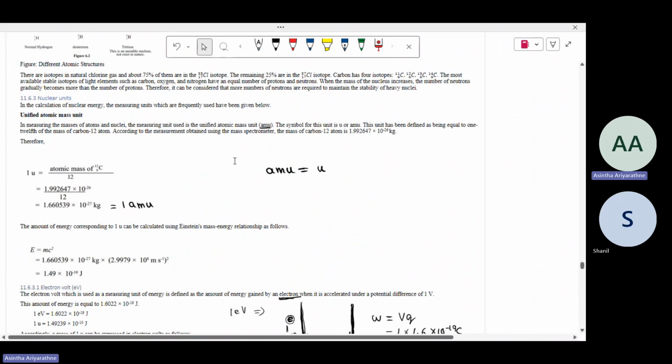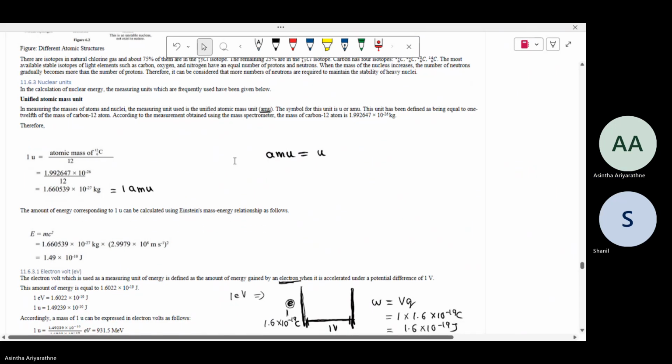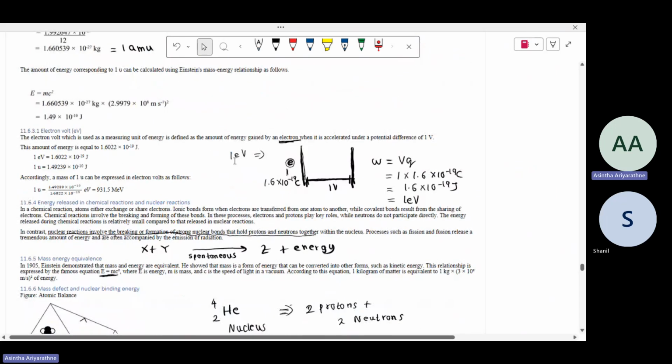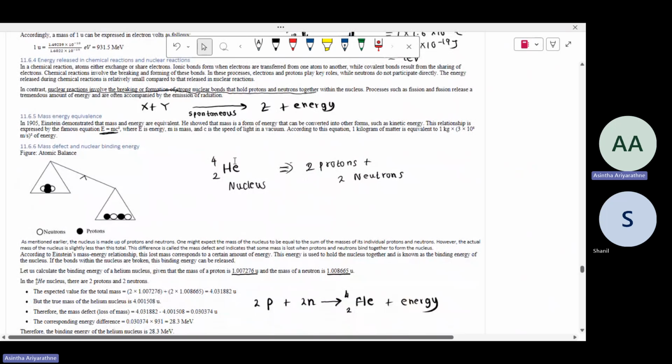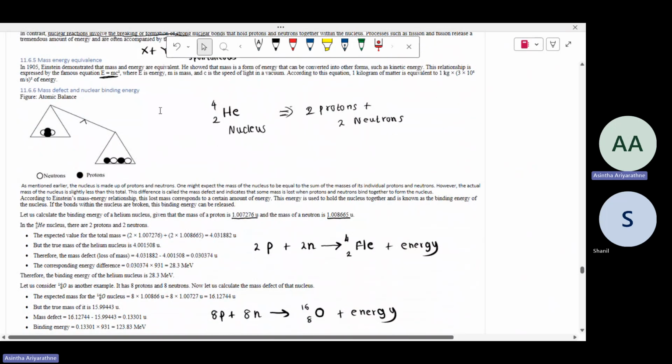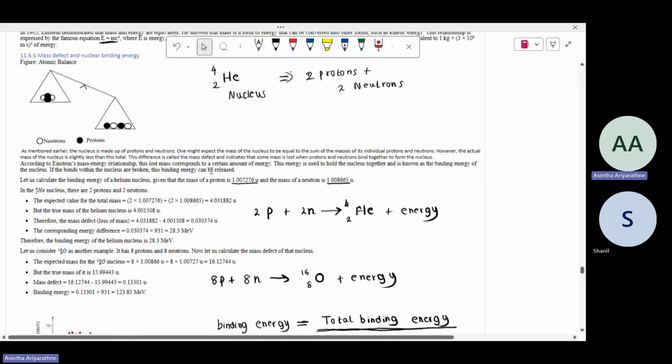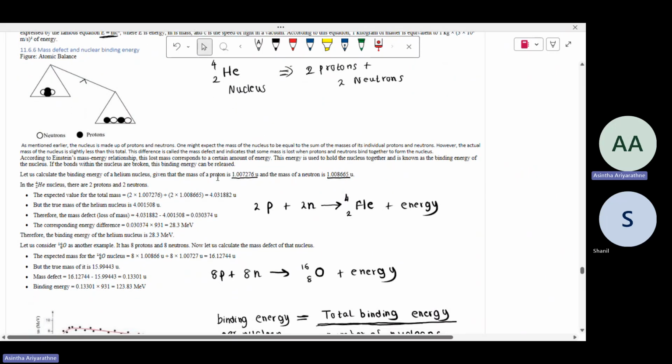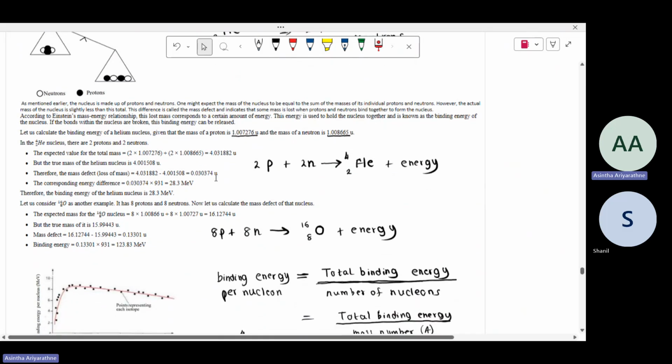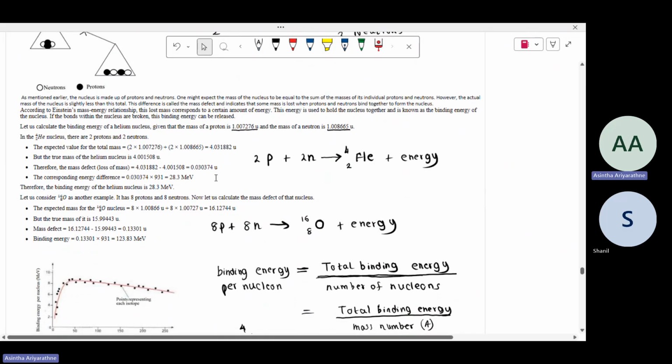It is 1/12 of the mass of a carbon-12 atom, and about the mass-energy equivalence, E equals mc squared, and mass defect in nuclear binding. When a nuclear reaction happens, like nuclear binding, some amount of mass is lost as energy.